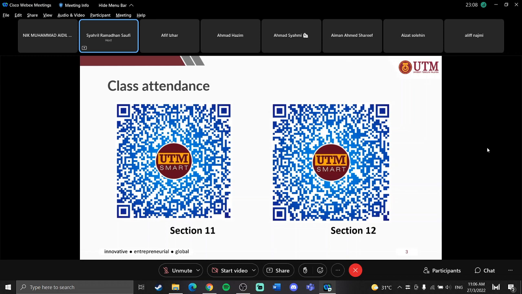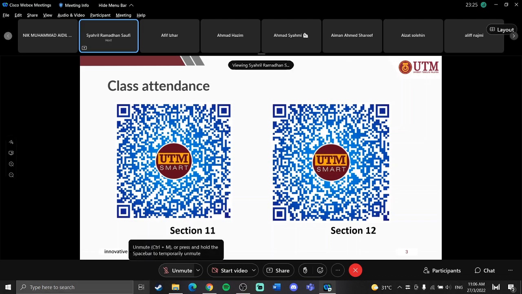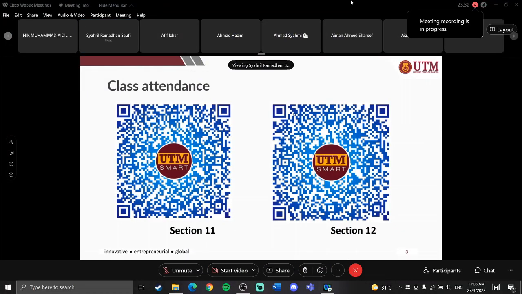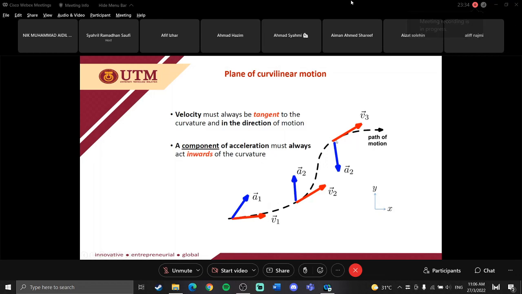So in a curvilinear motion, you have several analyses involved. Because of the curvilinear shape of motion, you will have extra and additional parameters that you need to find.